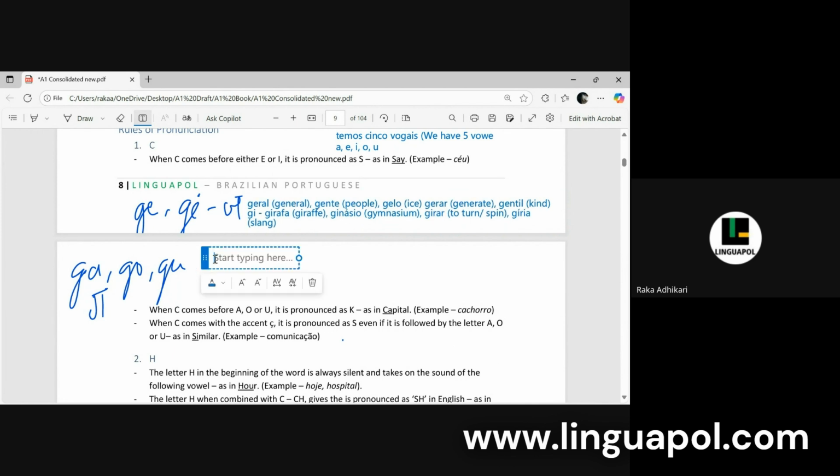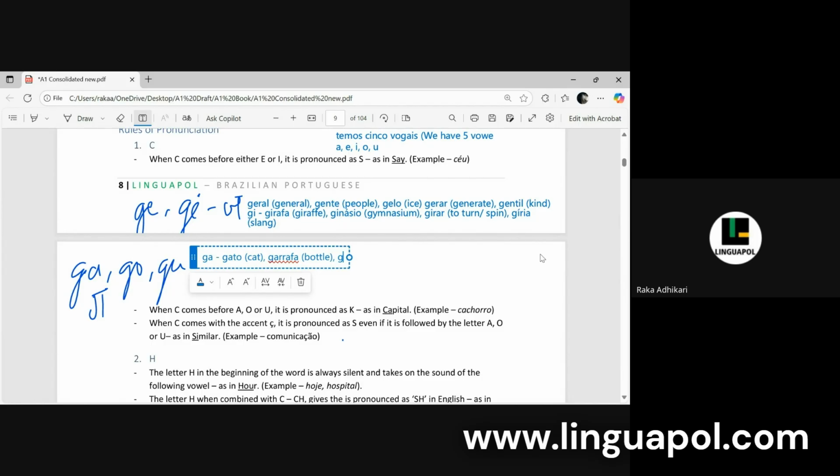Let's look at some words with GA, GO, and GU. GA. Can you give me any word with GA that you already know? Garrafa. Garrafa, yes. What else? I want everybody to think. Gato. Yes. More words. Anything else that you know? Okay.